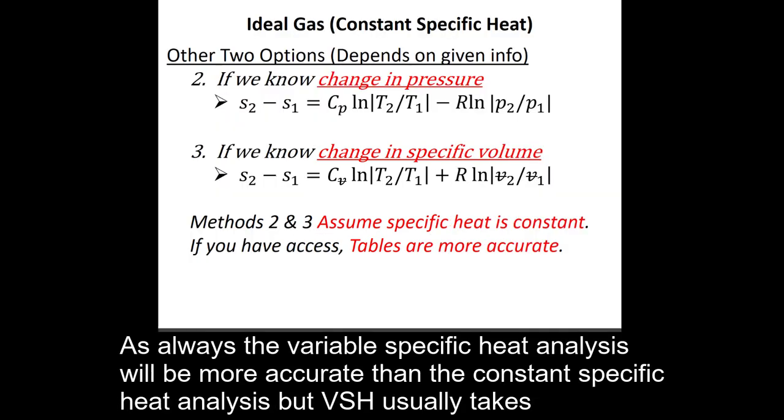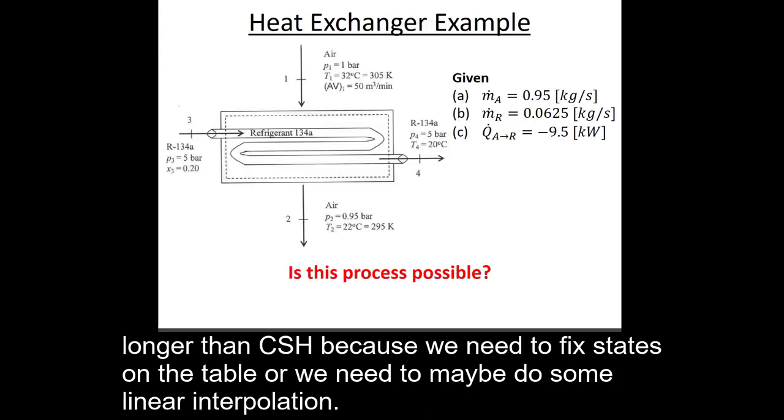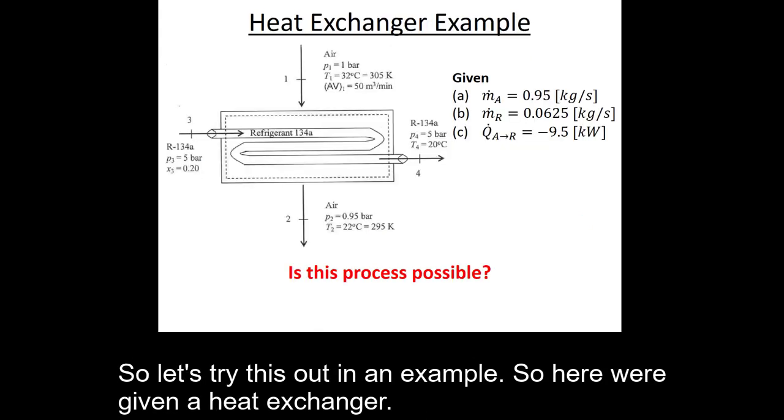As always, the variable specific heat analysis will be more accurate than the constant specific heat analysis, but VSH usually takes longer than CSH because we need to fix states on a table, or we need to maybe do some linear interpolation. So let's try this out in an example.